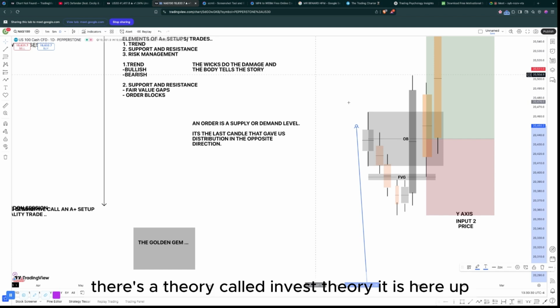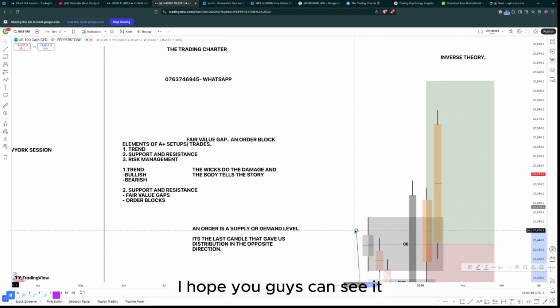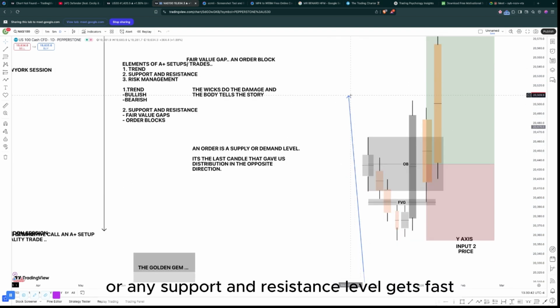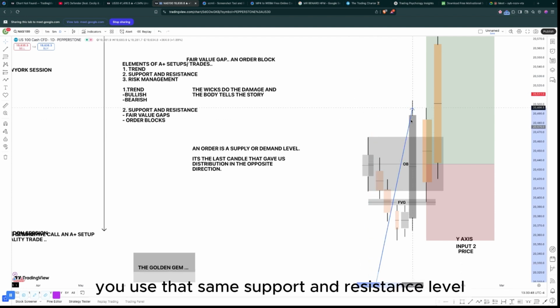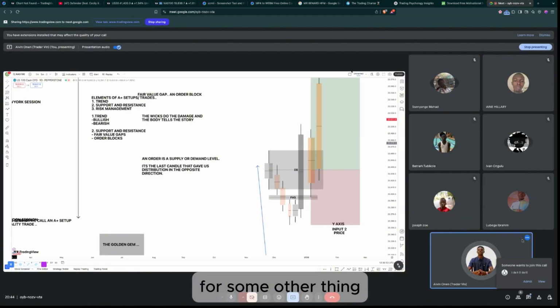There's a theory called inverse theory. It is here up. I hope you guys can see it. Inverse theory. And this theory states that when an order block or any support and resistance level gets purged, you use that same support and resistance level for some other thing.